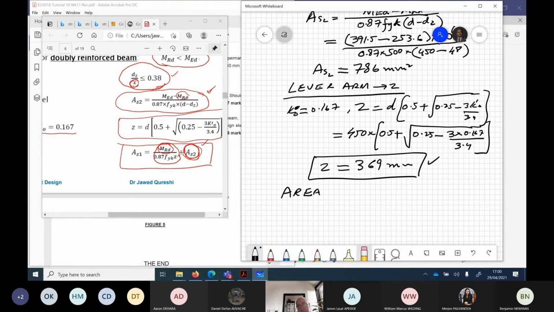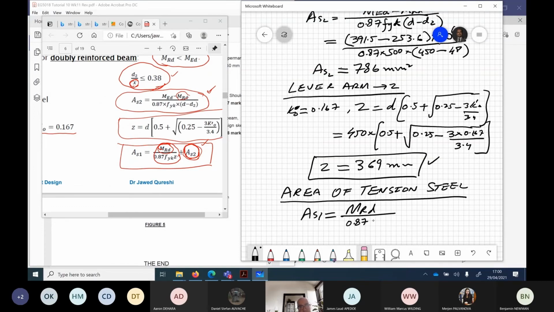Actually, I should have provided the compression bars, but I will do it a little later. Area of tension steel: AS1 is equal to MRD divided by 0.87 FYK Z plus AS2.